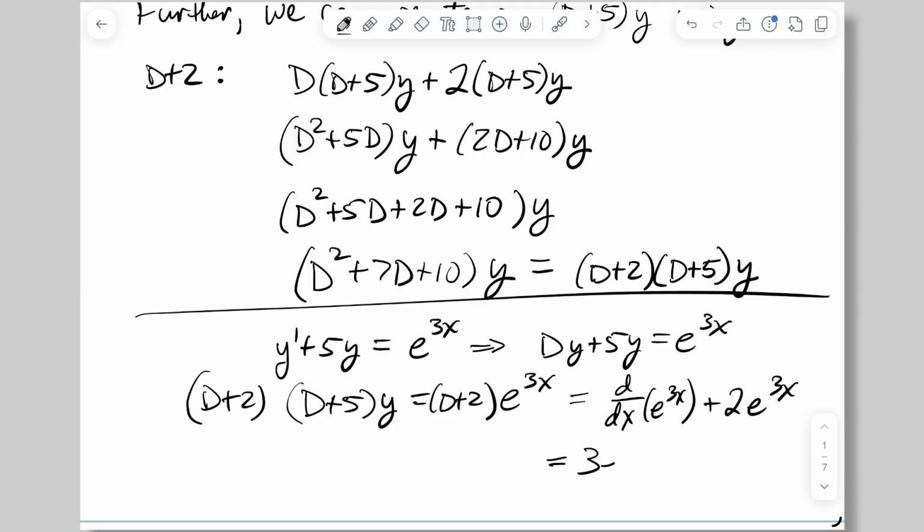So this is going to be 3e to the 3x plus 2e to the 3x, which is going to be 5e to the 3x, of course. And your question might be, where did the D go? But remember, the D is the derivative. So when it's not being applied to y, where we just write D or D2 or something like that, remember that it's a derivative, and hopefully this will clear up questions that may come up in the examples we're about to get to.